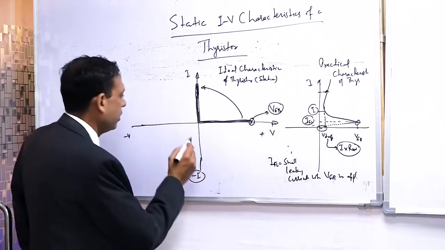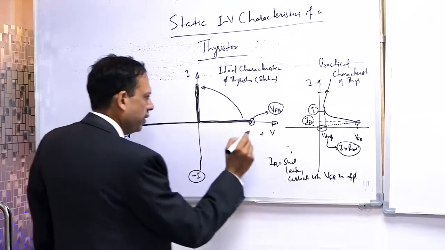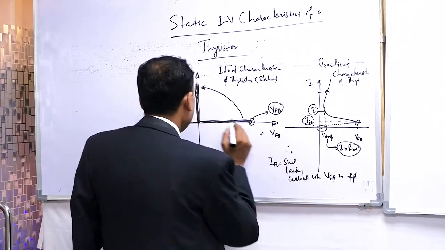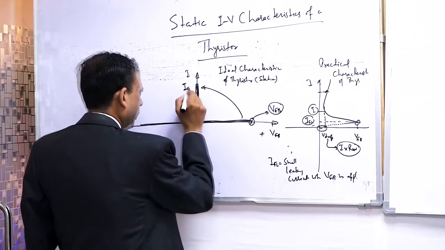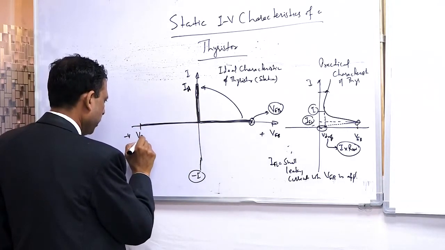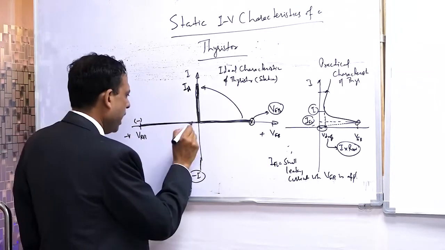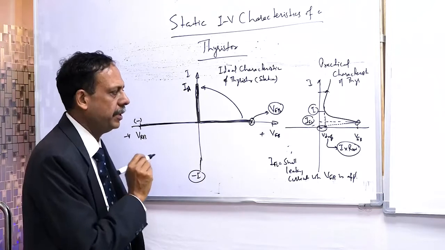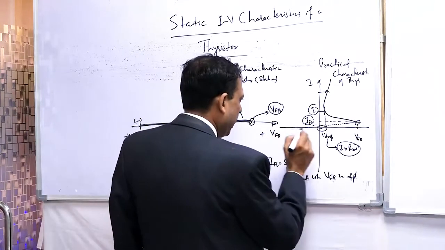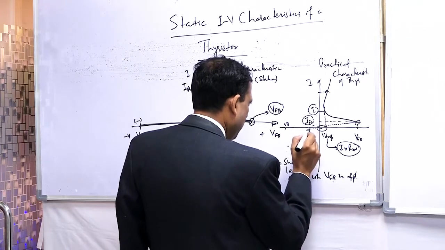Now in the ideal characteristics, if a very large reverse voltage is applied, we have the forward blocking voltage here, this is the anode current, and this is going to be the reverse blocking voltage on the negative side. In the ideal condition no reverse current will be there, but in the practical case there is going to be some leakage current.